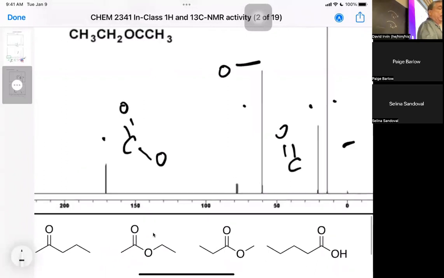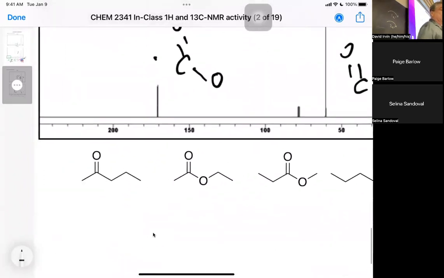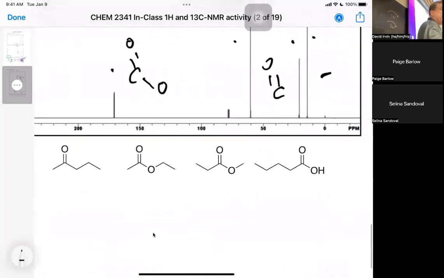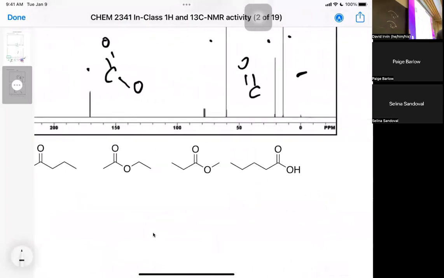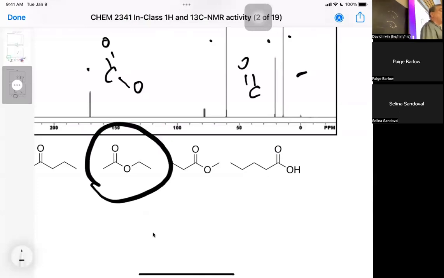Okay, so let's look at our choices here. Of the choices here, can we discern it just by the proton NMR? Yes, we can, because we have the CH2, CH3 hooked to an oxygen. That's that 4, the quartet at 4 tells us we have this. So we have this, but let's double check it with our carbon NMR.